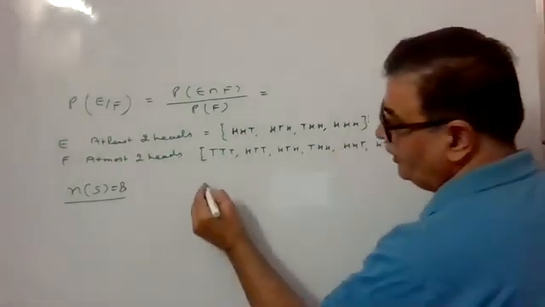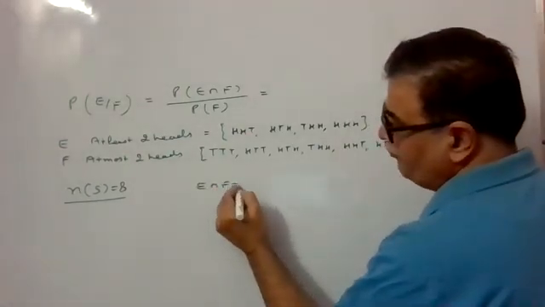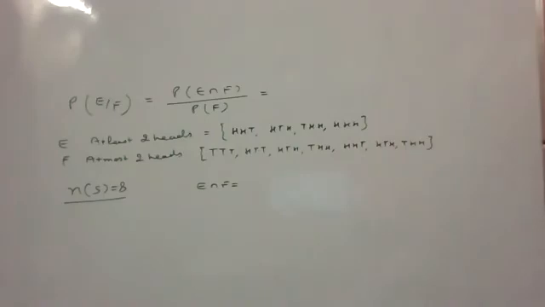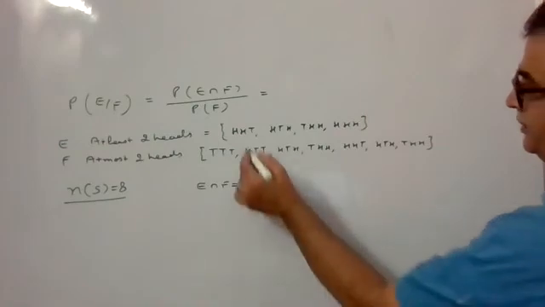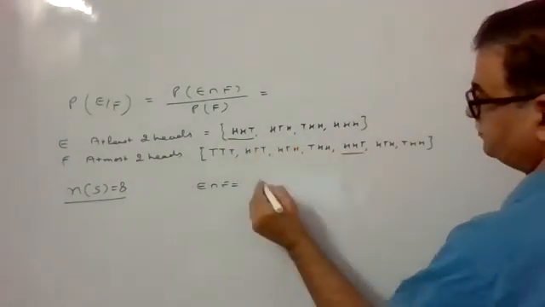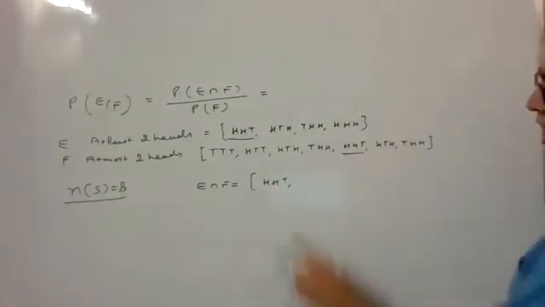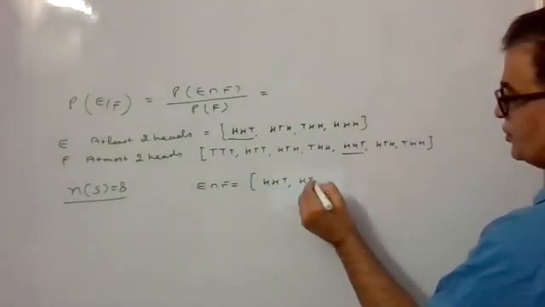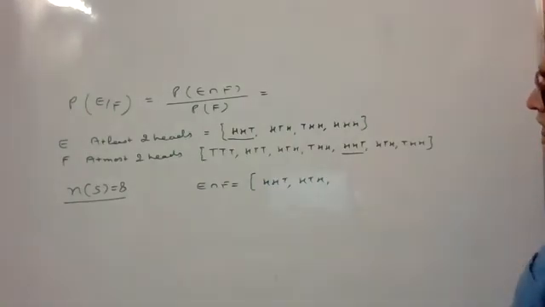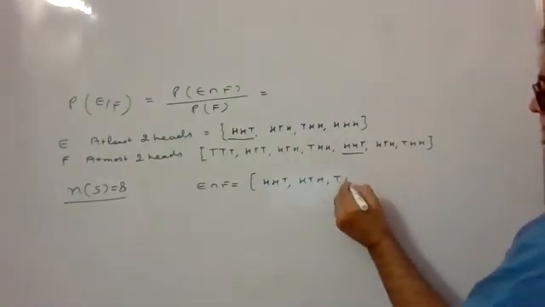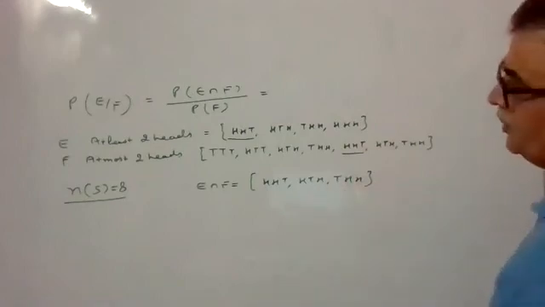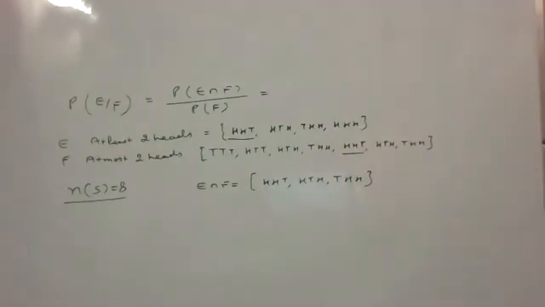And now we go for E intersection F. The intersection of E and F, tell me what will come in the intersection of E and F? This one is coming common. Then this is also coming common, HTH. THH is also coming. That's all. Now what is the probability here?